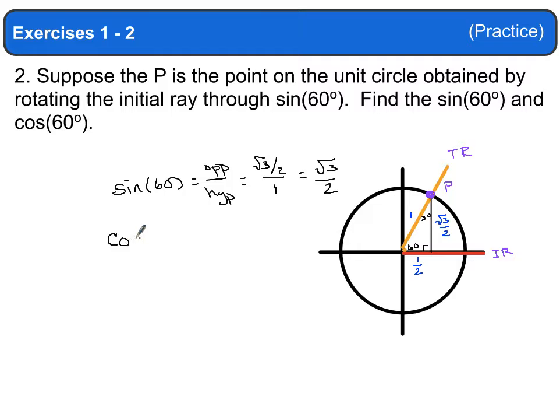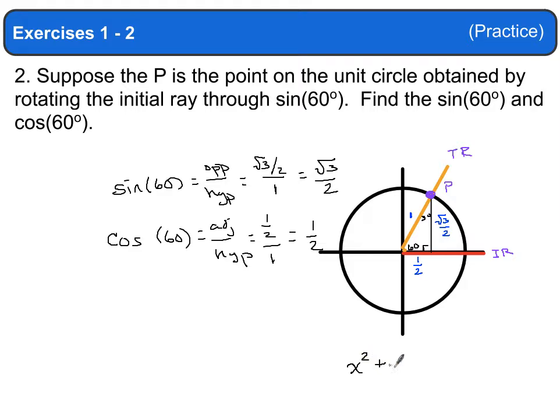And if I want to do the cosine of 60 degrees, that would be adjacent over hypotenuse. And so that would be 1/2 over 1. And that would just give us 1/2 after that is simplified.